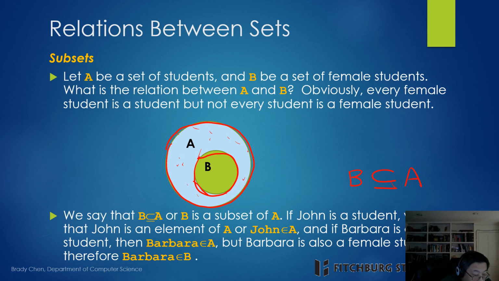Now if John is a student, we can say that John is an element of A, because A is a set of all students.